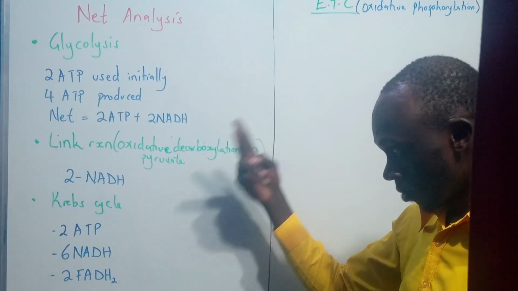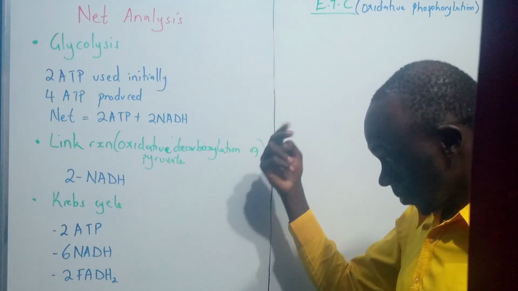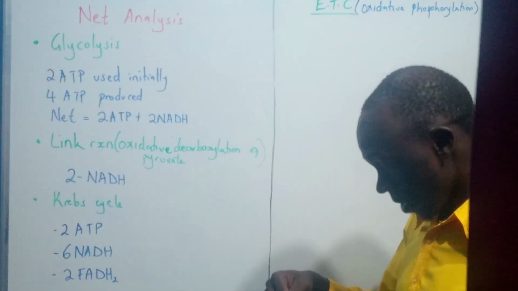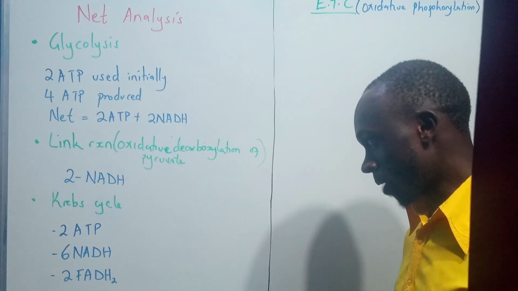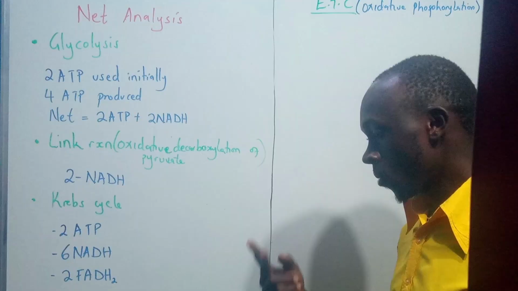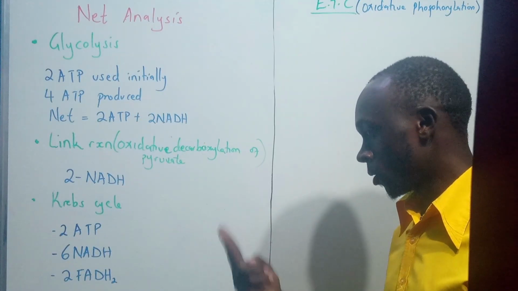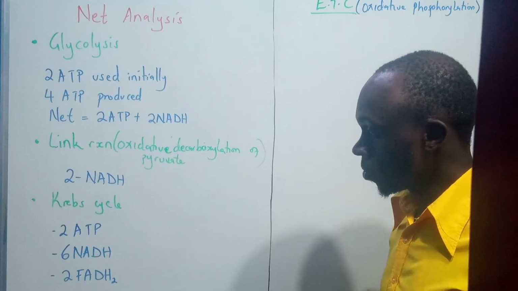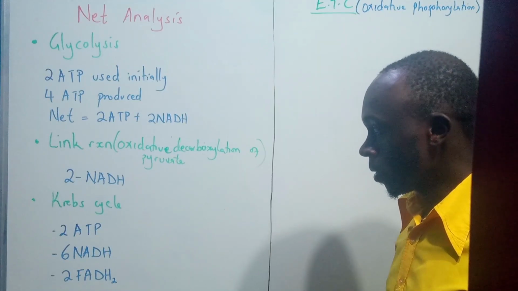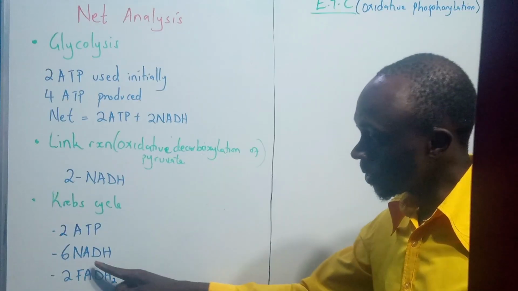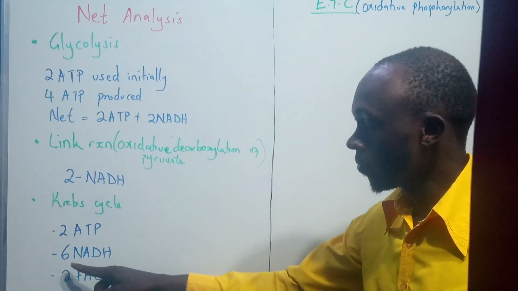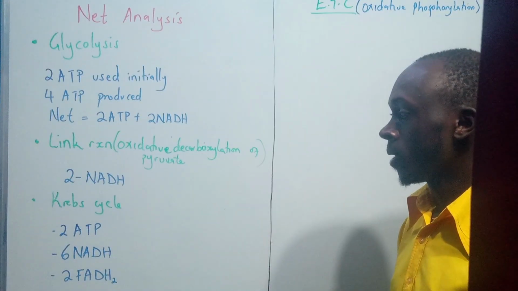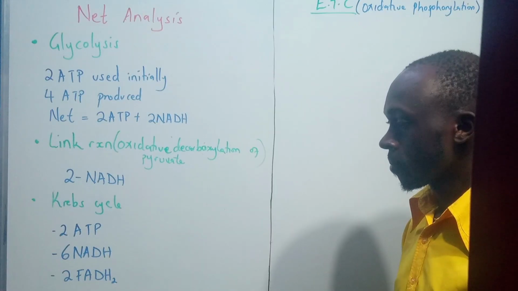But since there are 2 pyruvate molecules which are decarboxylated, and later coenzyme A is added to form acetyl coenzyme A, we have 2 acetyl coenzyme A molecules being taken into the Krebs cycle. So each molecule is going to produce 3 reduced NAD molecules. If we double them, we form a total of 6 reduced NAD molecules.